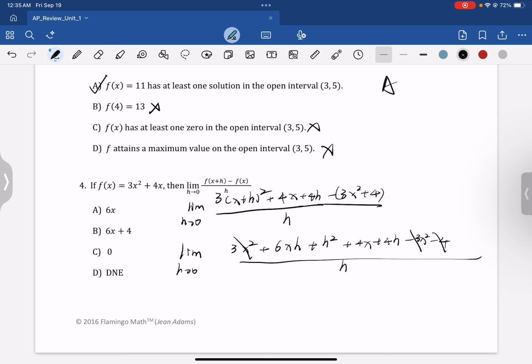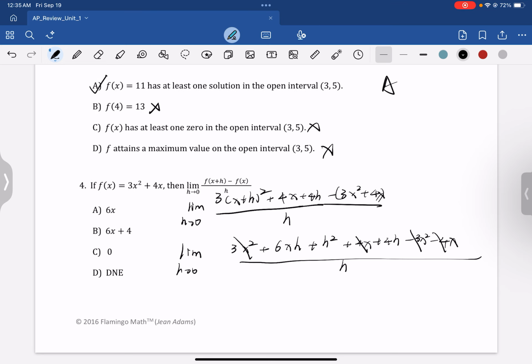Oh shoot, I'm sorry, I forgot the x in this part. It's actually 4x. So positive 4x and negative 4x cancel out, and then what we have left is 6xh plus h squared plus 4h, as h approaches 0.